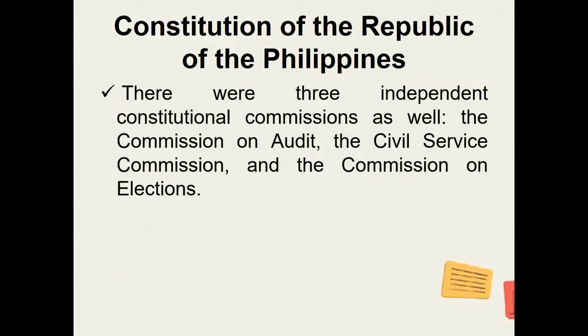We have the COA, or the Commission on Audit, the Civil Service Commission, and the Commission on Elections. So when we say independent, they are non-partisan. Okay, so they have a greater budget compared to other agencies of the government to maintain their independence. Okay, what else?